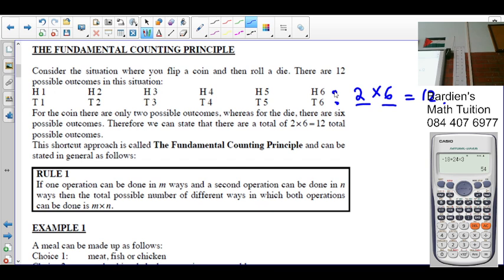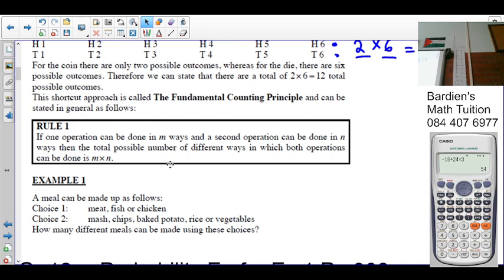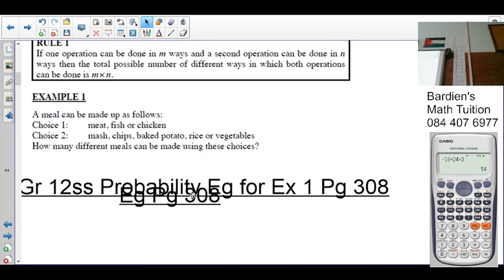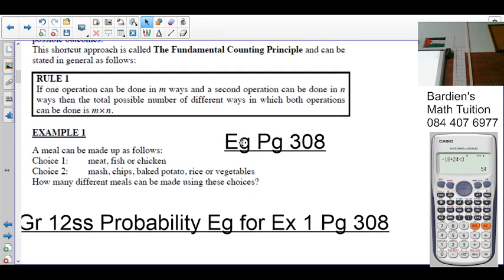So the shortcut approach is called the fundamental counting principle, and it can be stated in general as follows. This is rule 1, which I want you guys to write down. We're reading from page 308, exercise 1 on page 308. I know it's different in your textbook, but in my textbook it's the same.